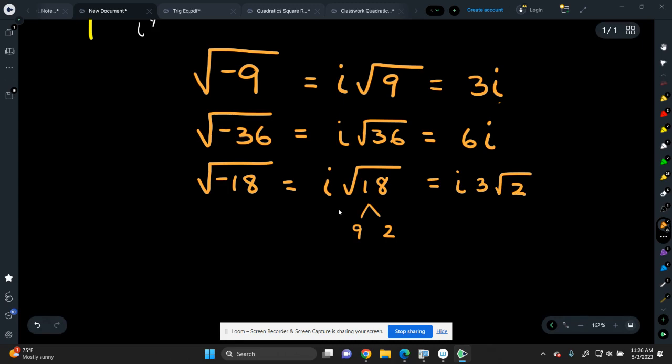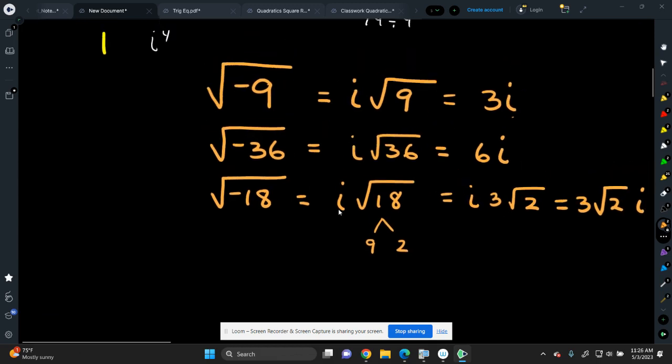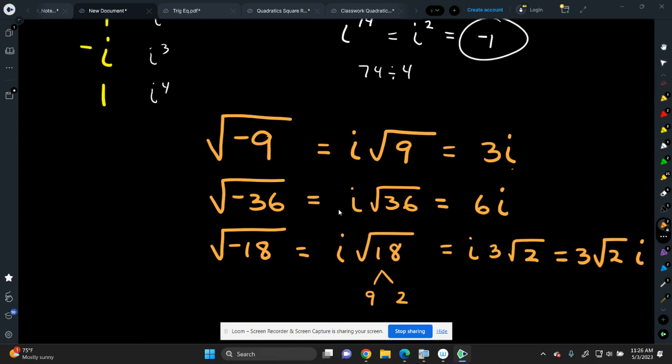Now we just have to put it in the right form. The I has to be at the end: 3 root 2, I. Notice that I is not inside the square root. It's outside. So every time you see a negative inside the square root, you take the I out and it becomes positive.